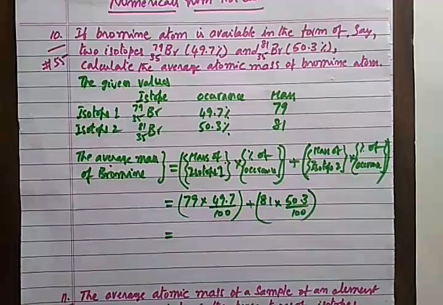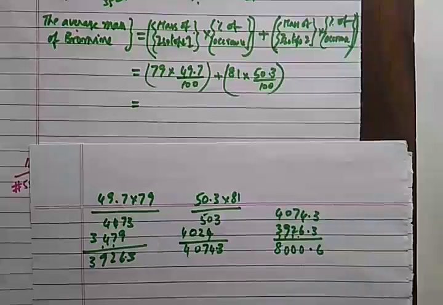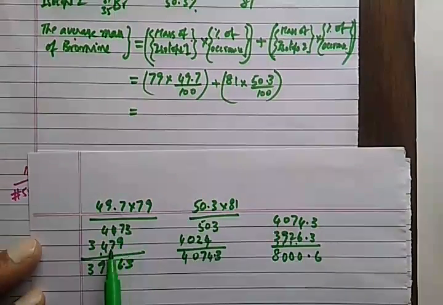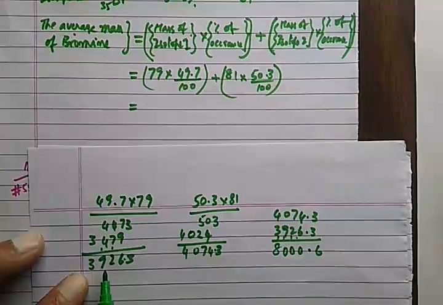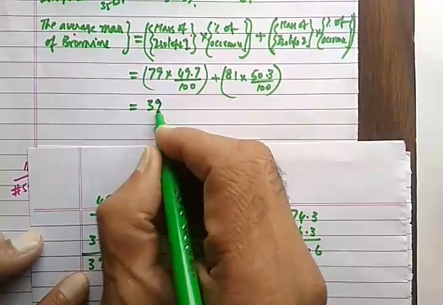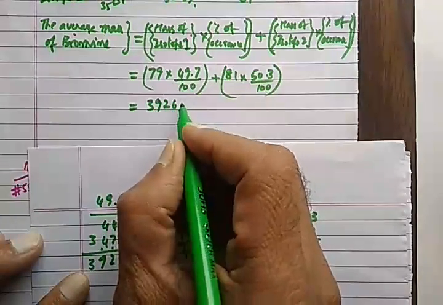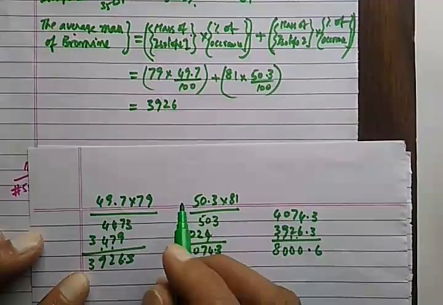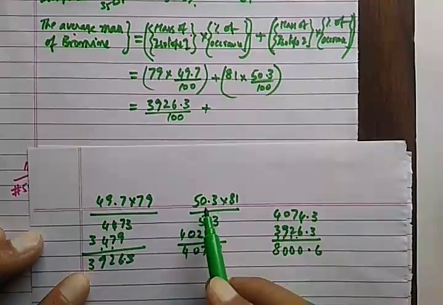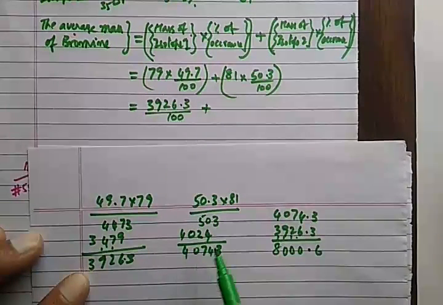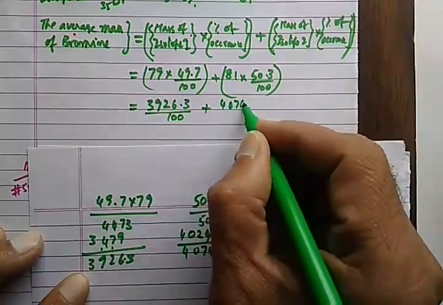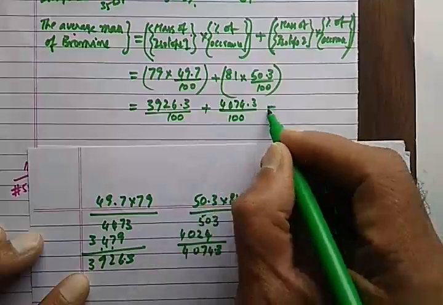So I'll calculate the values separately. So here are the calculations. So 49.7 into 79, you do the multiplication, you will get 3926.3, 3926.3 by 100 plus 50.3 into 81 will give you 4074.3, 4074.3 by 100.